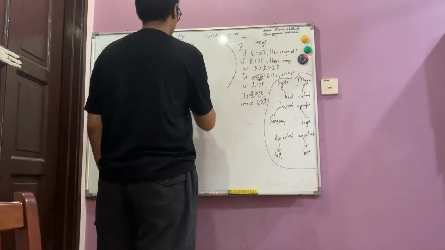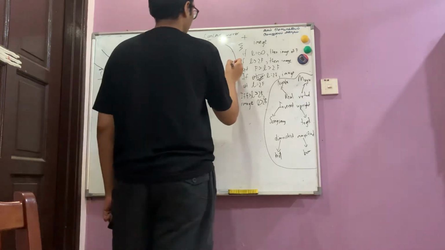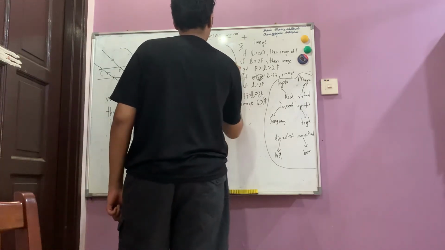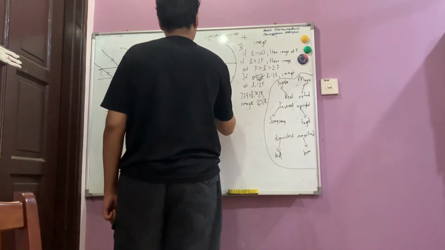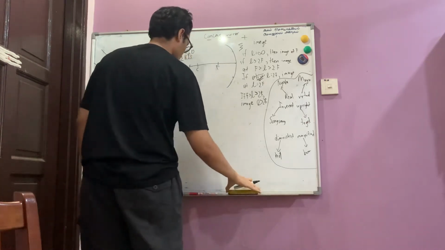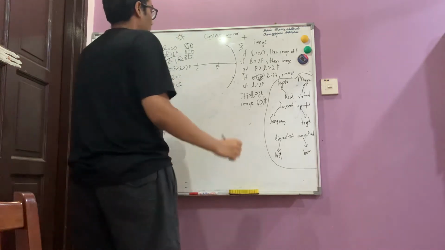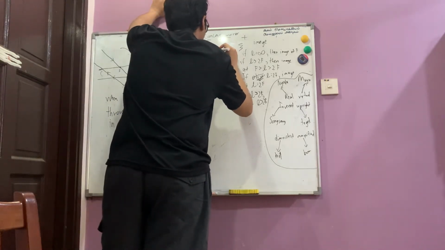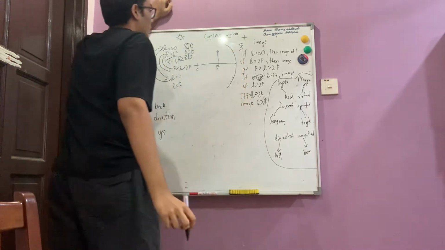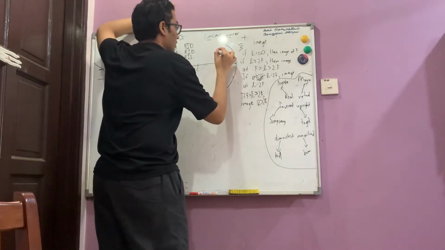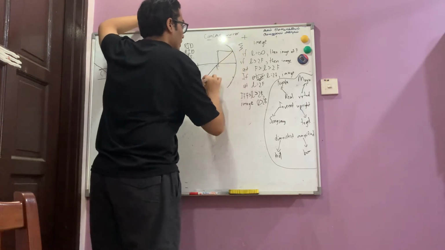And now for this one, an object is at F. An object is at F, and then C. So what do you do? You bring a straight line, you go like this.